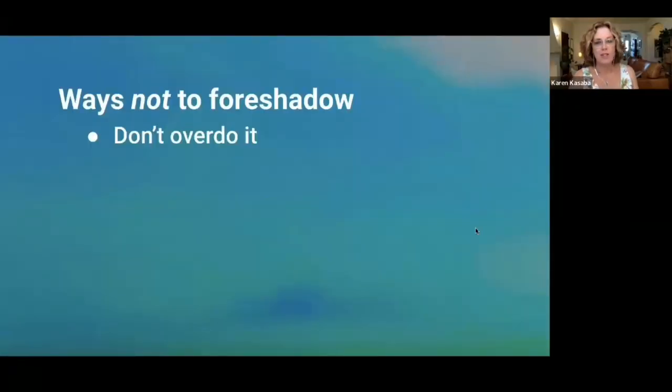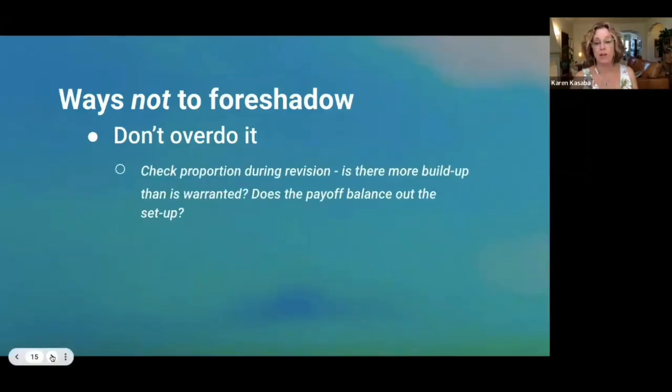Some ways to not foreshadow is to not overdo it. You don't want to be building to some event that the reader is really expecting. And so what you can do is you can just check your proportion of foreshadows during your revision. Have you got more buildup than is warranted? And then does the payoff balance out everything that you've set up?